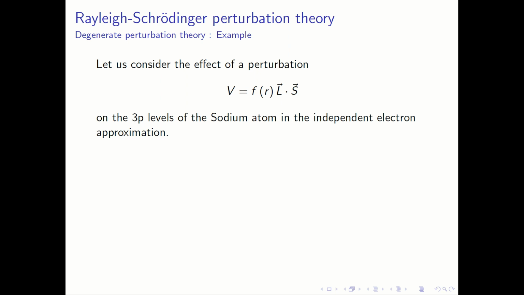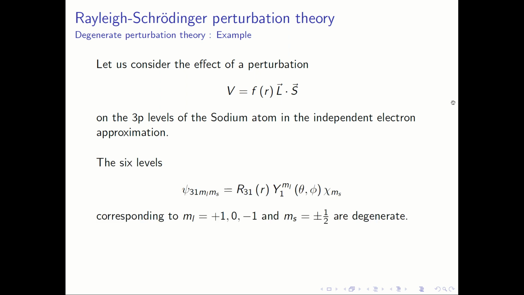Now, the 3p level in sodium is degenerate. It is actually 6-fold degenerate. So, there are 6 levels corresponding to ml values of +1, 0 and -1. This of course is because p corresponds to L equal to 1, as well as ms equal to ±1/2, and these are the forms of the corresponding wave functions, where R31 of r is a radial wave function that you get by solving the rather complicated problem of the electron in the Coulomb plus the screening potential.